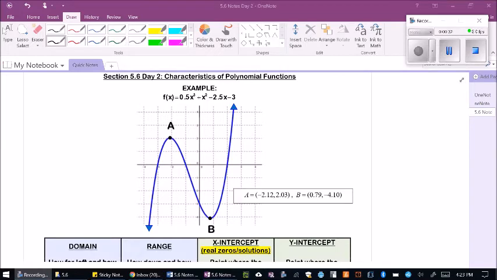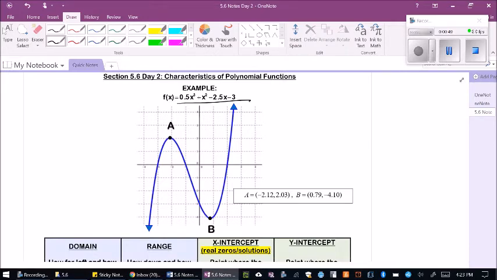So we're going to go ahead and look at this first picture here. This graph is of the function f of x, which I gave you the polynomial up here at the top. And what you're going to see, I just want to break down how the graphs are going to be.